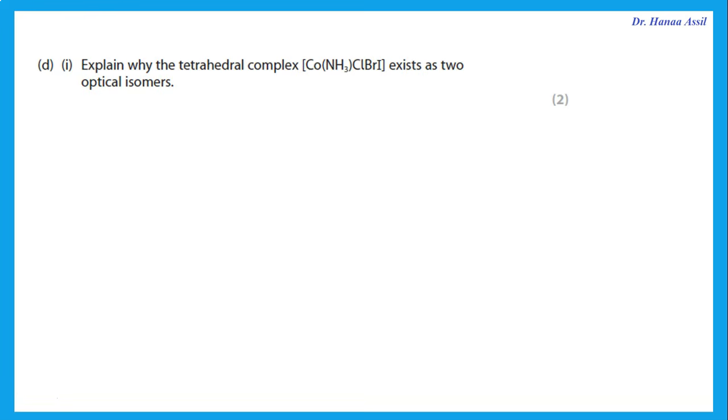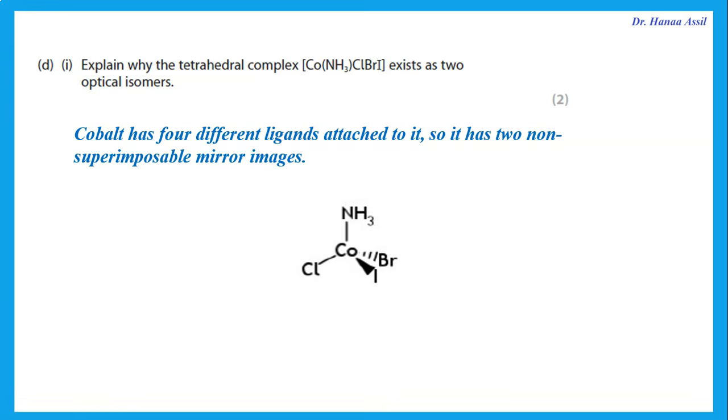Explain why the tetrahedral complex exists as 2 optical isomers. So if we have this complex, why do we have 2 optical isomers? We have optical isomers if there is a chiral center.